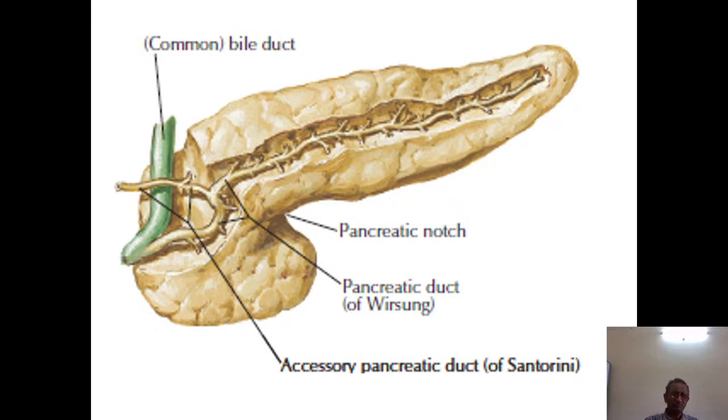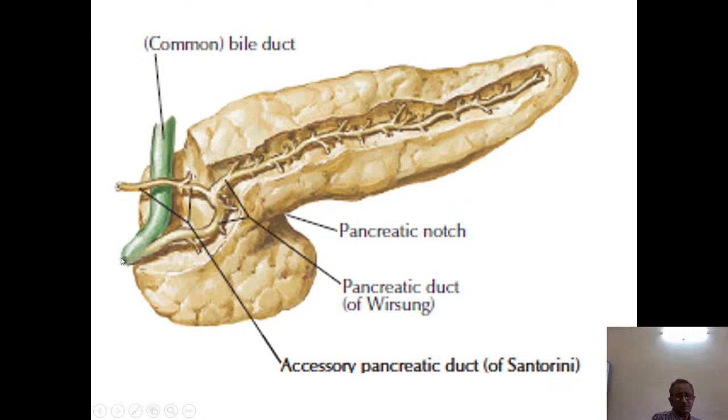So here we are showing the common bile duct coming on the posterior aspect of the first part of the duodenum and then entering the pancreas. Then at the level of the major duodenal papilla, you know that it is present 8 to 10 centimeters from the pyloric sphincter, in the second part of the duodenum.